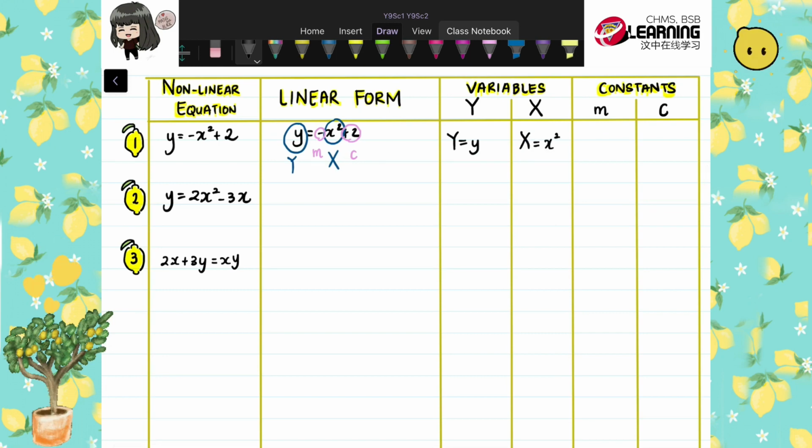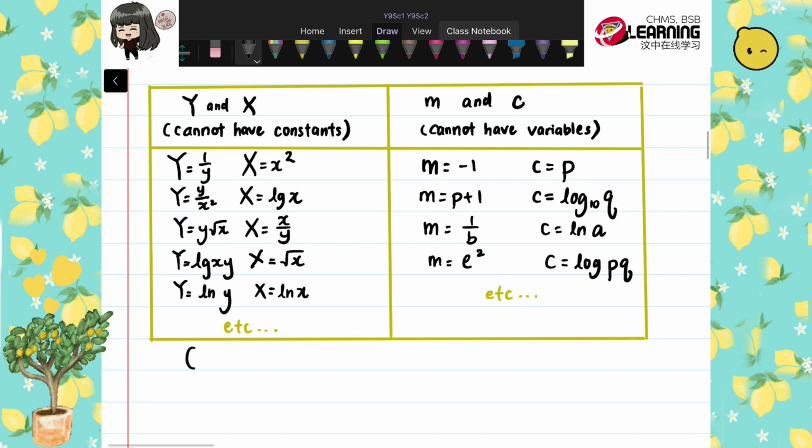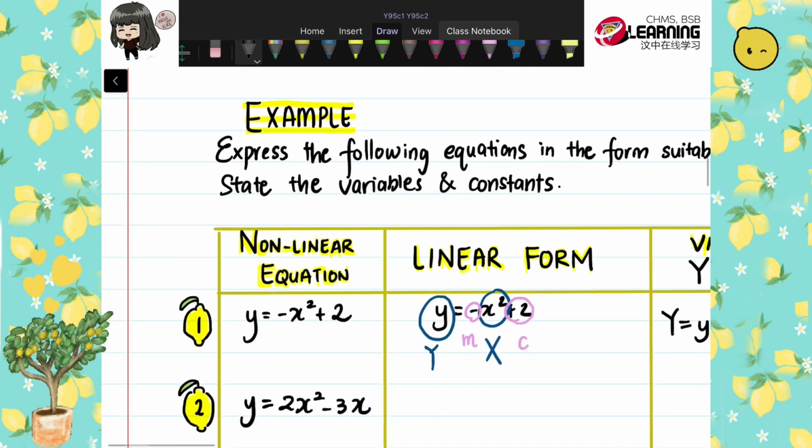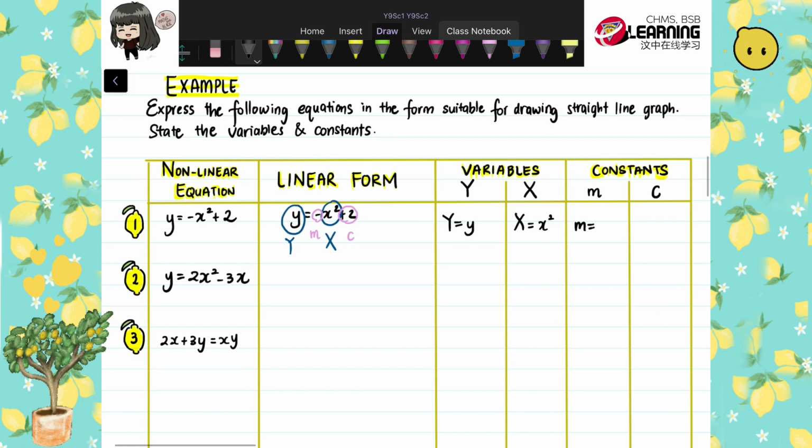Your variables cannot have negative. Maybe I should add on here so that you will take note: no negative. Okay, negative belongs to M and C, right? So your constant M will be negative 1 and your C is 2. Okay, Y and X don't have M and C, M and C don't have Y and X.